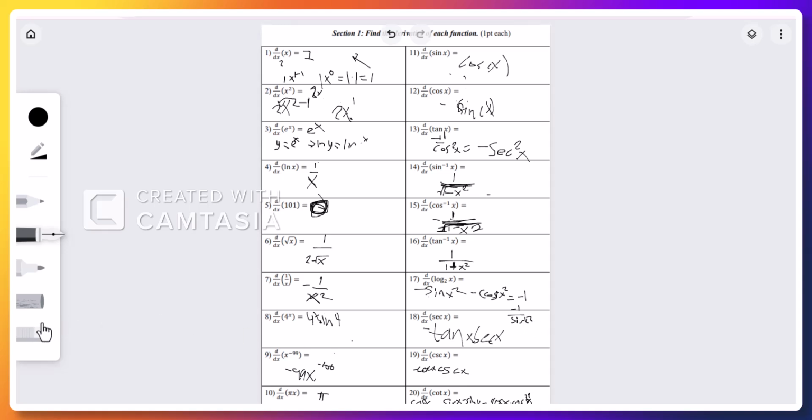And we know that -1 over sine squared is going to be negative cosecant squared. So don't forget the negative. And you always want to put the square on the left side of it. You don't want to put it on the x because it will not be the same.